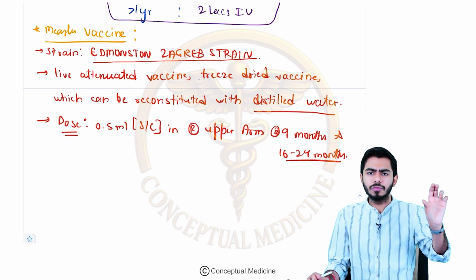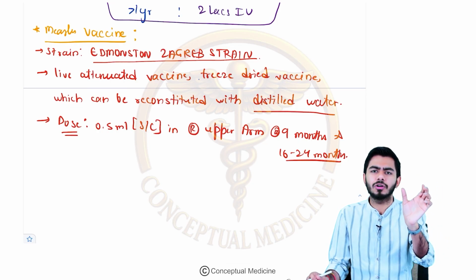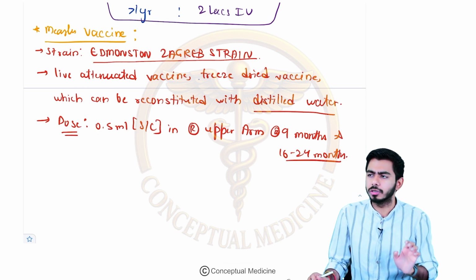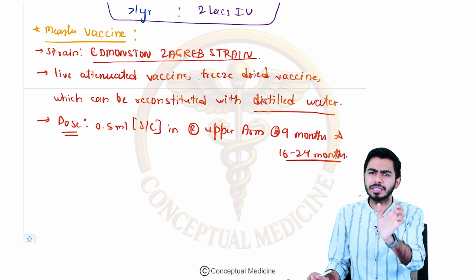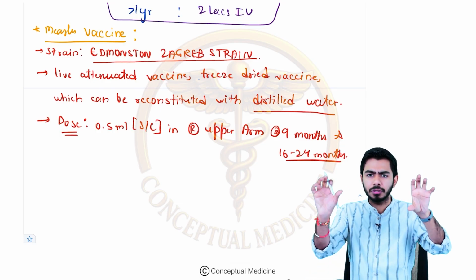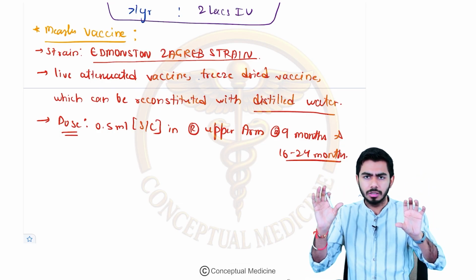The first dose gives a protection rate of around 95%, no, not 95%, I will call it 85%. The first dose protection will be 85%, and the second dose protection will be around 98%.